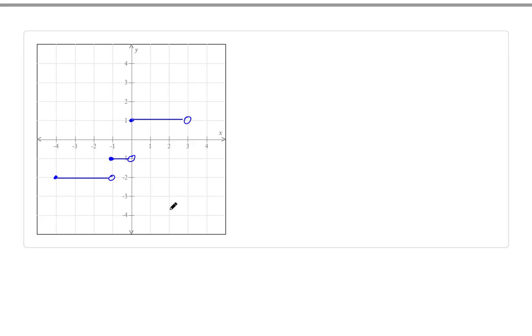Well, there's my little stair step. It's at -2, jumps to -1, jumps up to 1. It's between -4 and -1, -1 and 0, and then 0 and 3. So lots of good stuff with graphing in this particular section.